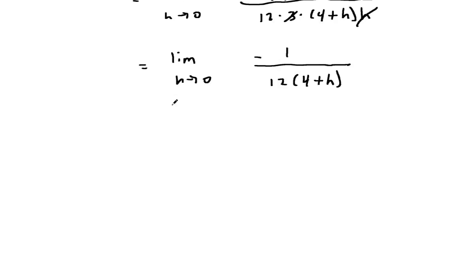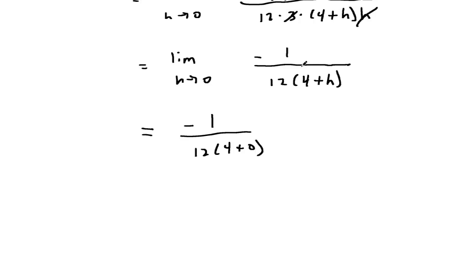Now from here we can just plug in h equals 0. The reason is because this right here is a function of h and it's continuous as long as the denominator is not 0. And since h is approaching 0, the denominator won't be 0.